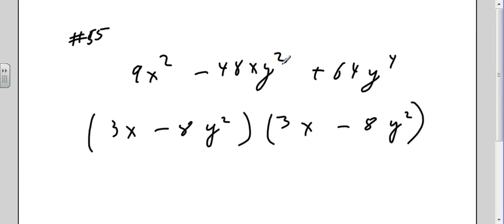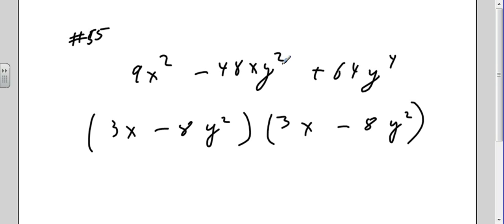Now, could I have recognized that as 3x minus 8y squared, the quantity squared? Maybe I could have.